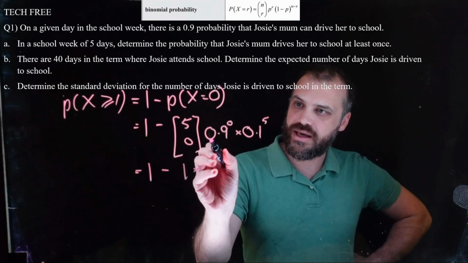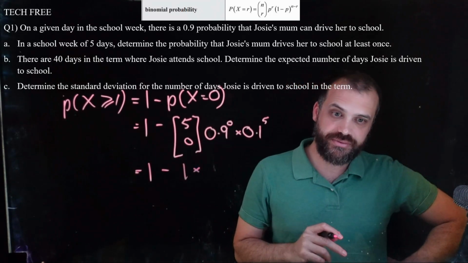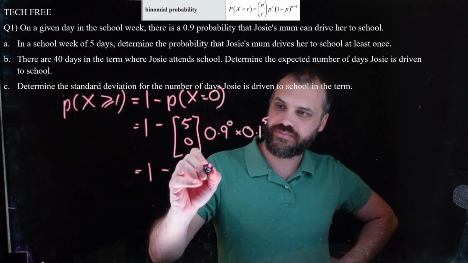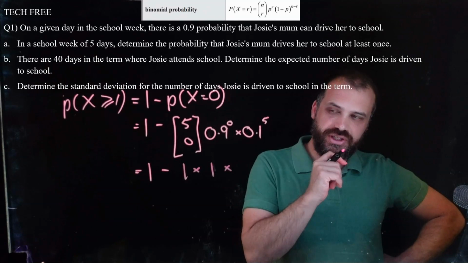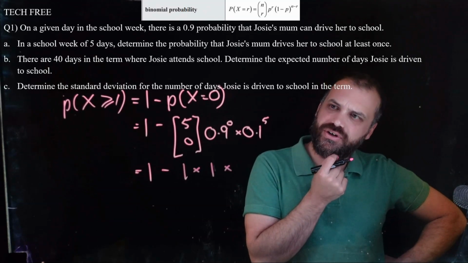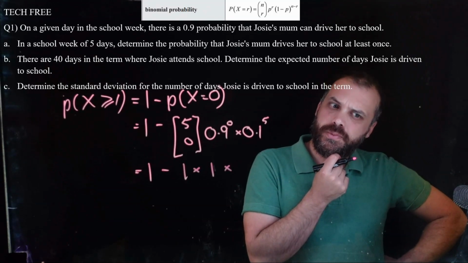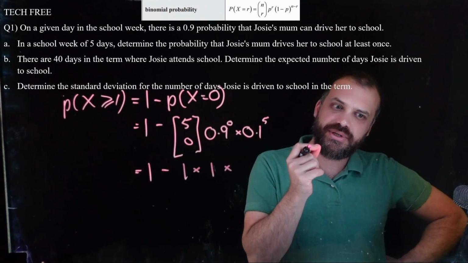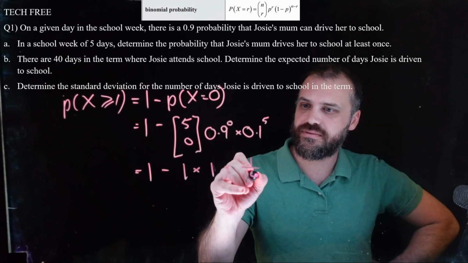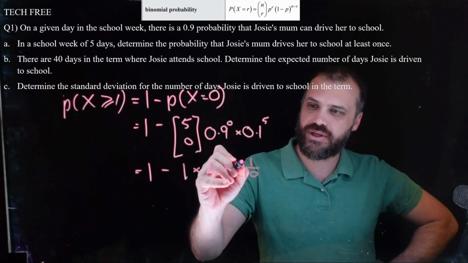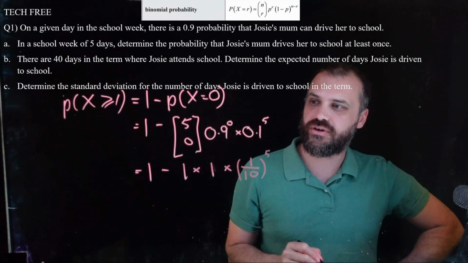Now, anything to the power of 0 is 1. And then this, that feels tricky. 0.1 to the power of 5. That's going to be easier if I deal with it as a fraction. 1 over 10. 1 over 10 is the same as 0.1 to the power of 5.